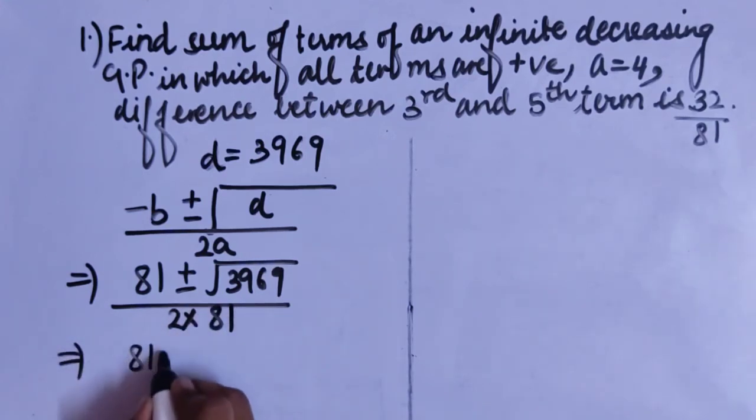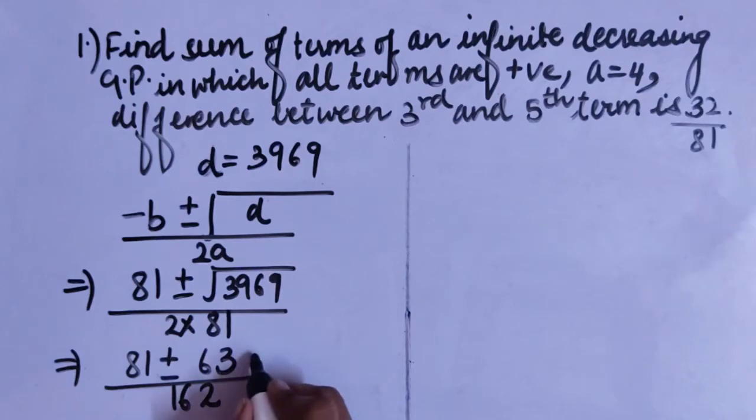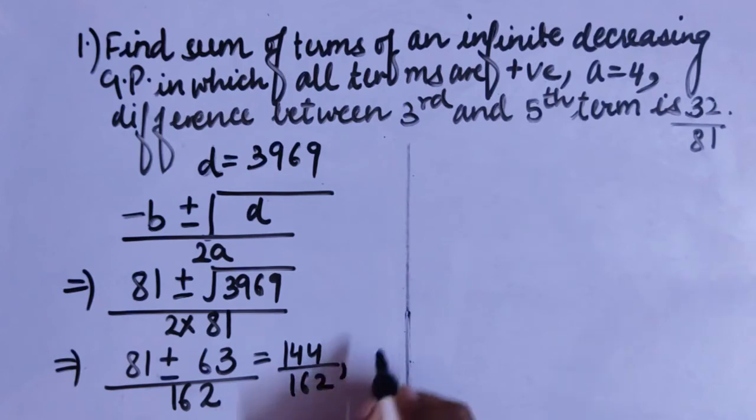The square root of 3969 is equal to 63, and 2 into 81 will be 162. So when I solve it, I will get two values from here. Those will be 144 upon 162, comma 18 upon 162.